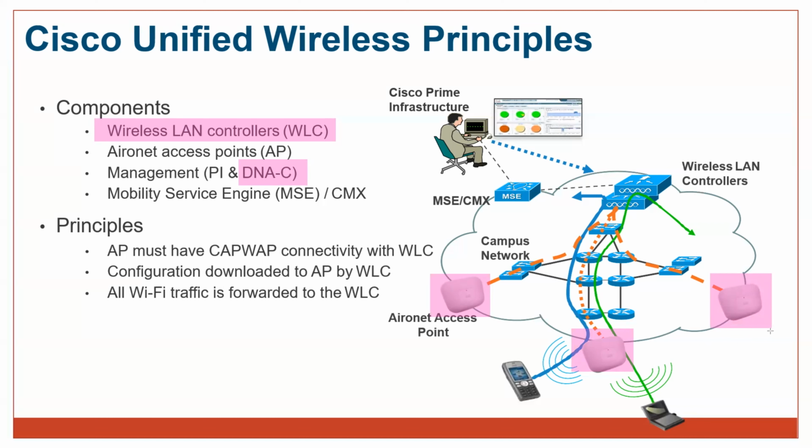right? Now, this diagram is actually a very good diagram. You will see all the components. So one component, who is the controller here? The controller is the WLC. So you will see that you have controllers here. Now, in this diagram, you can see that we have two controllers. Why? Because you can create high availability and redundancy between the controllers.